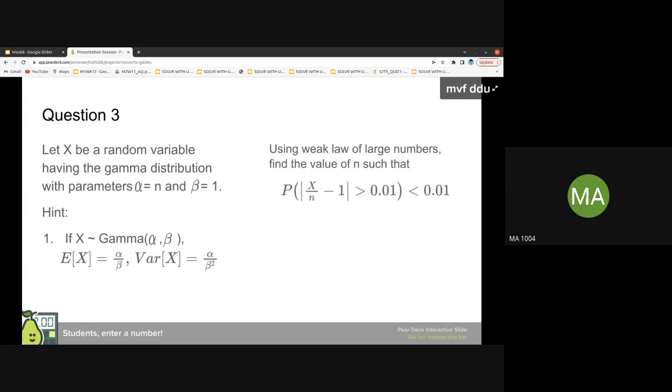But using CLT, you will get somewhere around 0.3 or 0.25. So when you want to approximate the probability, you have to use CLT. But when you want to just get an upper or lower bound, you can use the weak law of large numbers.